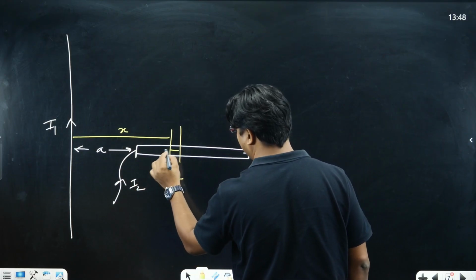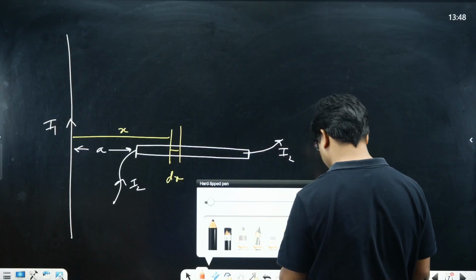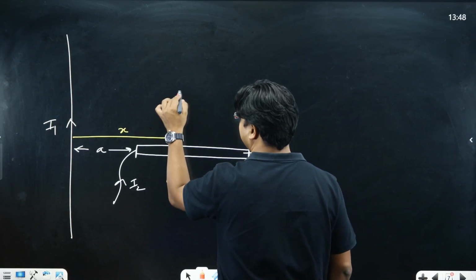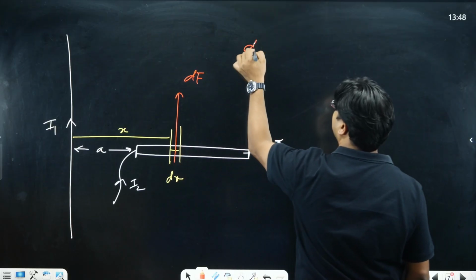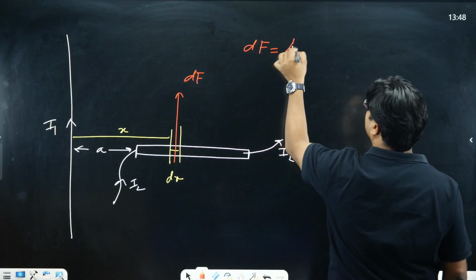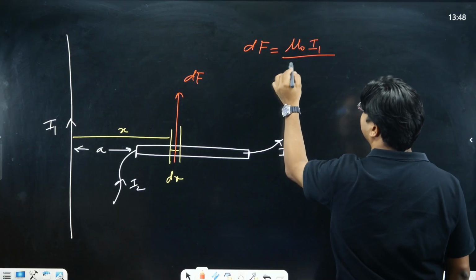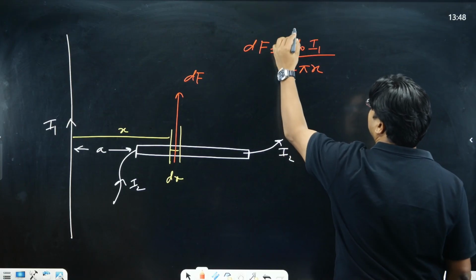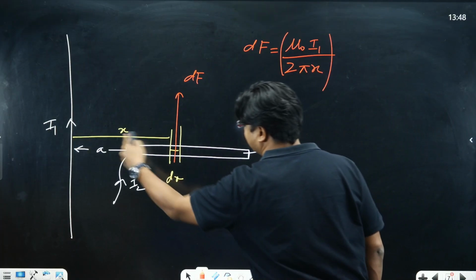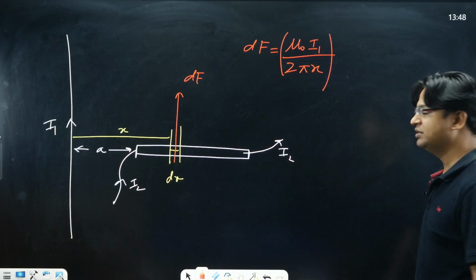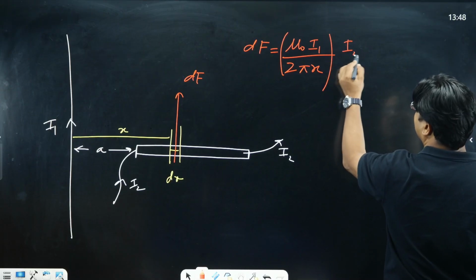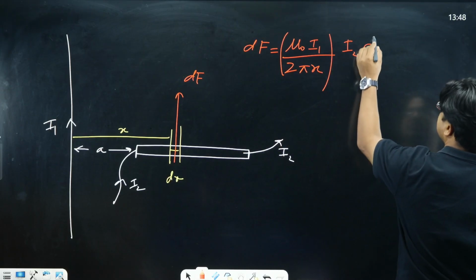This element will experience a force dF, which will be written as mu naught I1 by 2 pi x, that is the magnetic field at this location at distance x, into I2. I2 is the current flowing through the element, and the length of the element is dx.